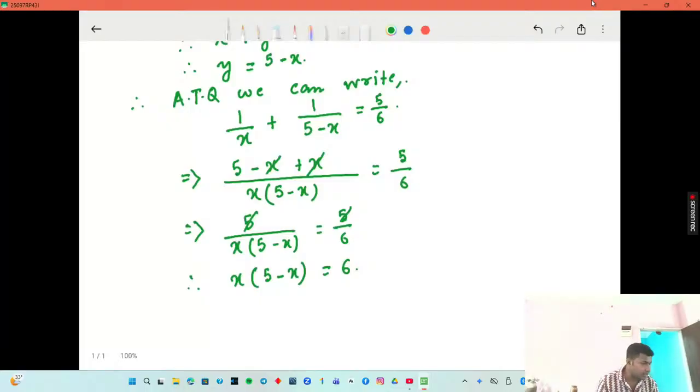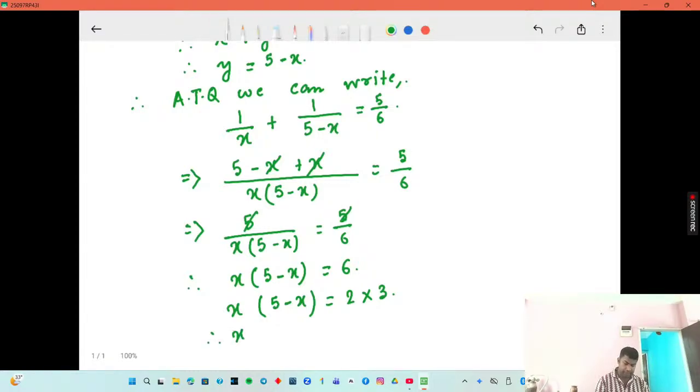So here we can write x into 5 minus x is equal to 2 into 3. So can we write this one? x into 5 minus x is equal to 2 into 3.